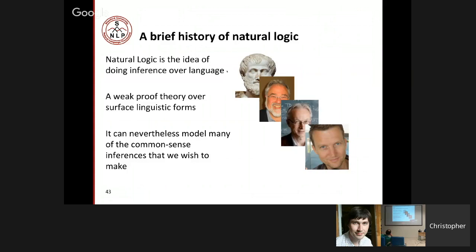So my former student Bill MacCartney first worked on this and developed an extended calculus of natural logic. And so that model was then picked up by a student of Johan's, Thomas Icard, who formalized a lot of that model. And now we've sort of been looking at how can we use this model for large-scale inference.